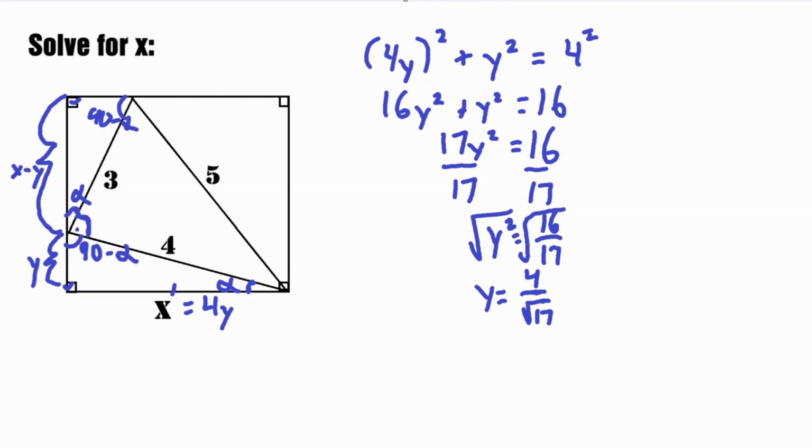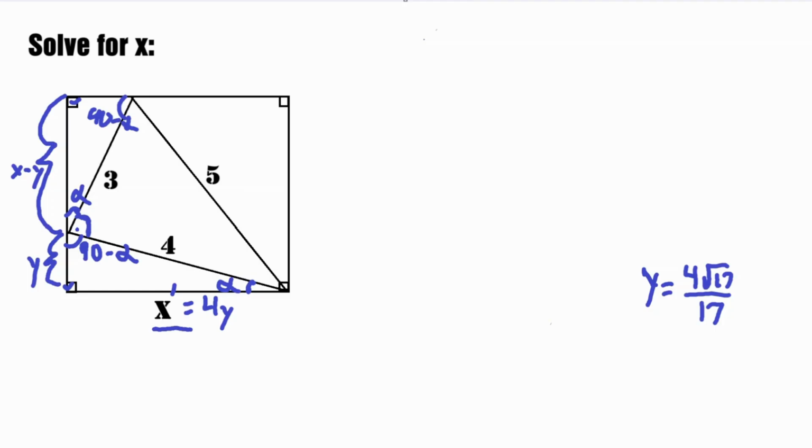But since we don't like to have radicals in our denominator, let me go ahead and make it a little cleaner. So I'll just multiply by the square root of 17 over the square root of 17 to get the square root out of the denominator. So we get that y is equal to 4 times the square root of 17 over 17, okay?